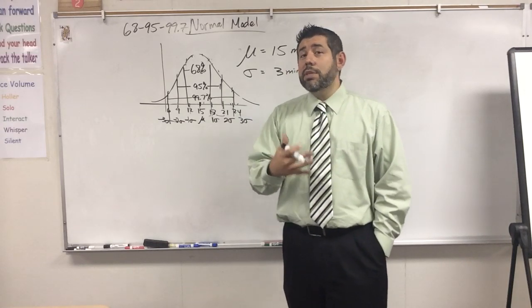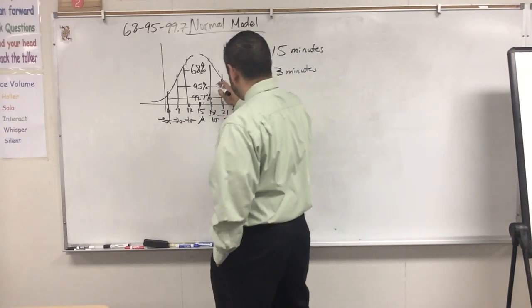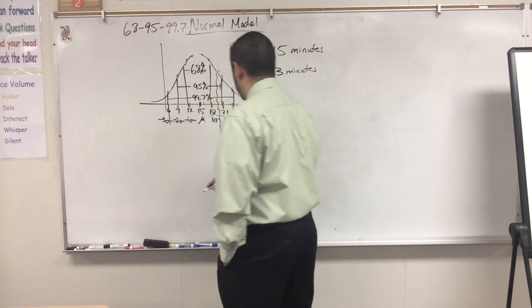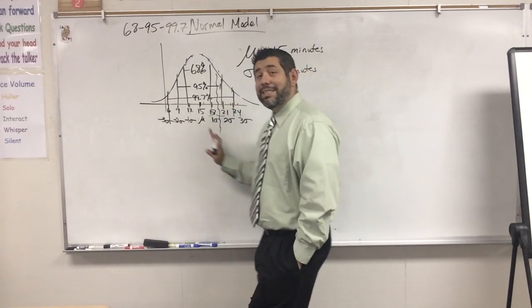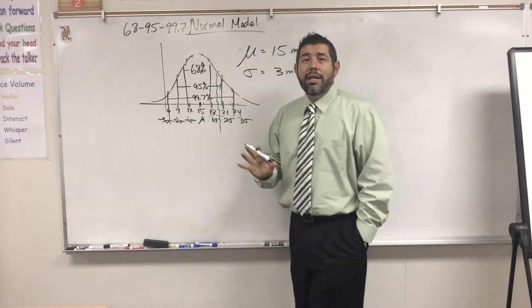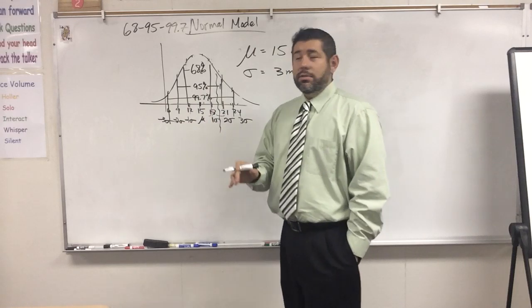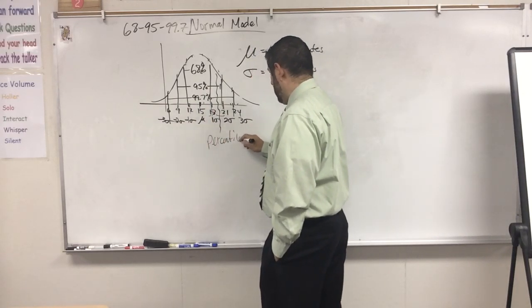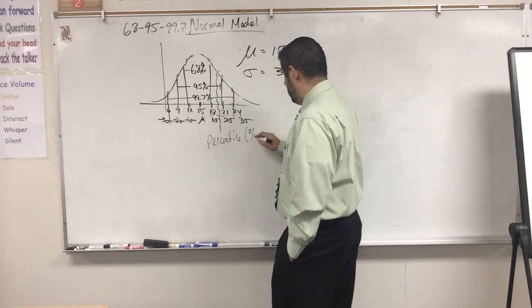That's actually called a percentile. So if I have a number and I want to know the percent less than what this value is, that is a percentile. So a percentile is the percent less than.